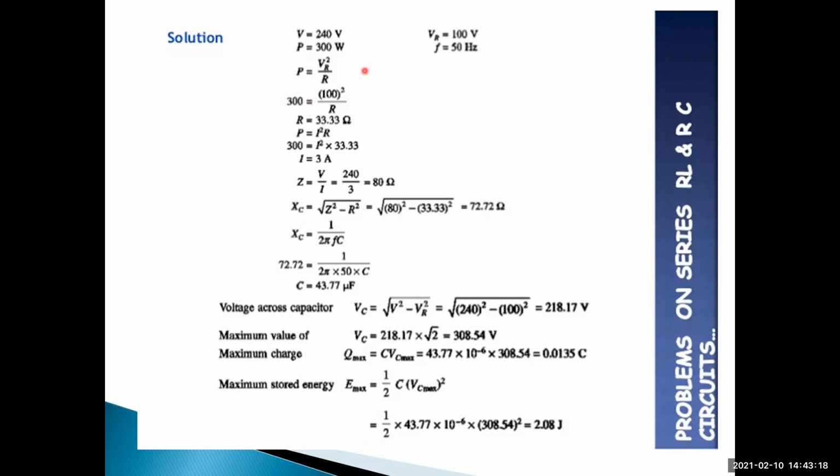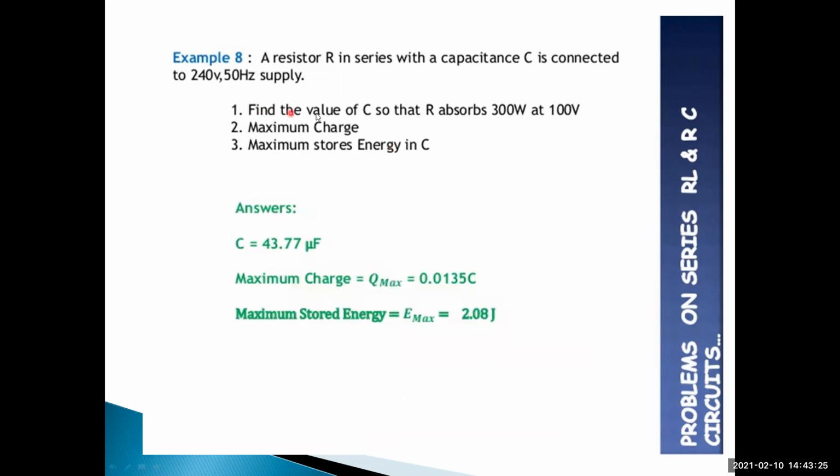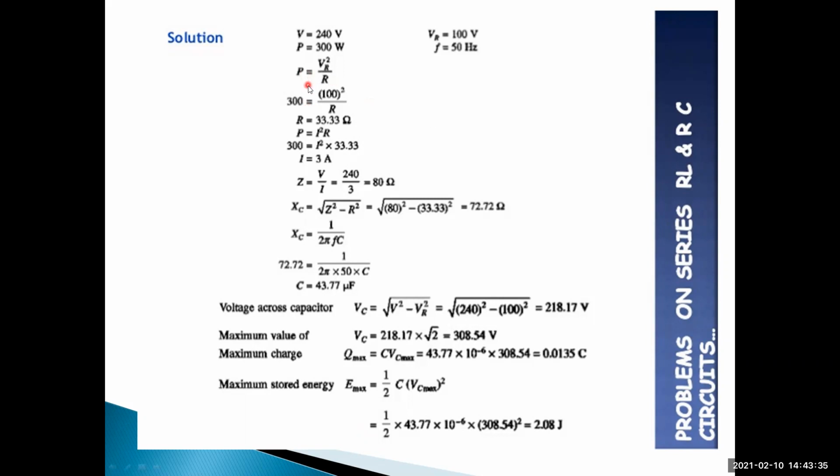Power is 300 watts. To find the value of C so that R absorbs 300 watts at 100 volts, here we don't know the value of resistance, so first we are finding the resistance of the circuit.